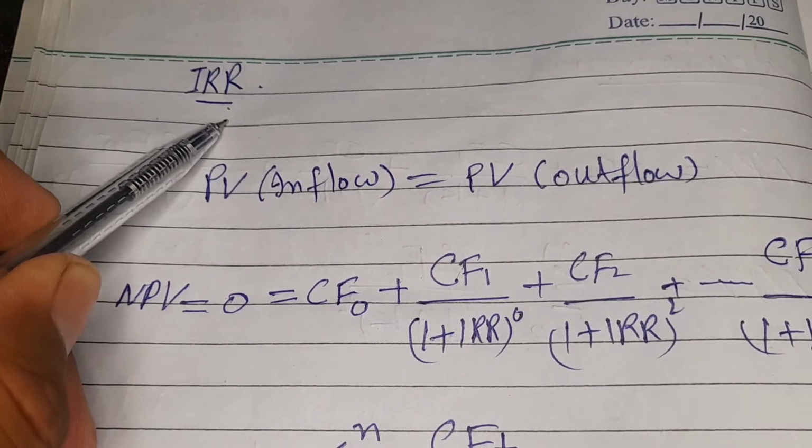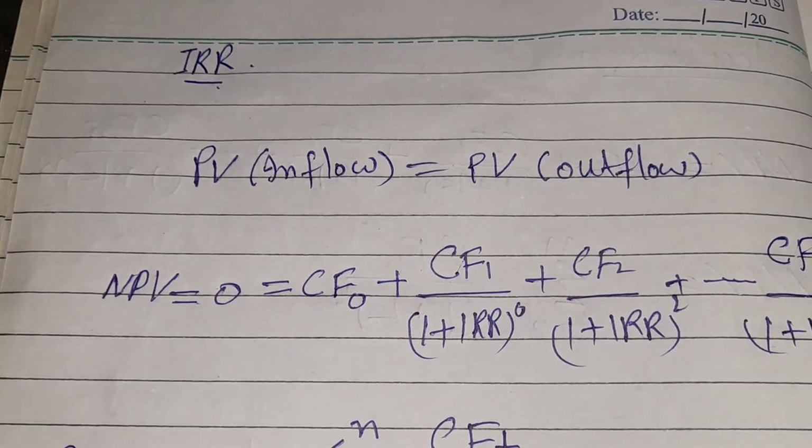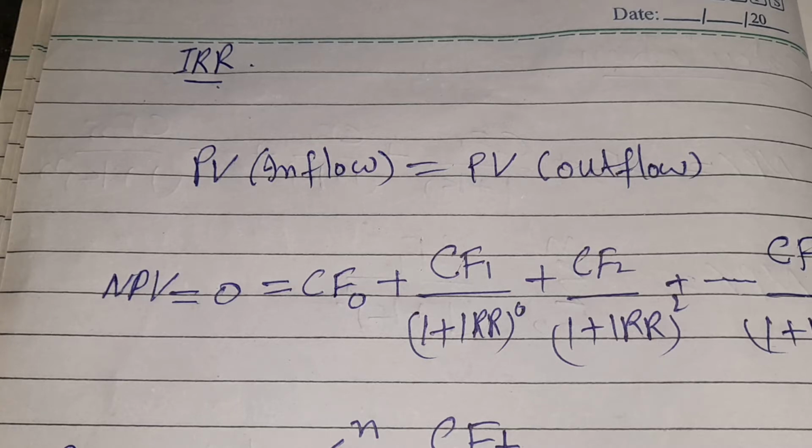Internal rate of return. For a normal project, the internal rate of return, IRR, is the discount rate that makes the present value of the expected incremental after-tax cash inflow just equal to the initial cost of the project.